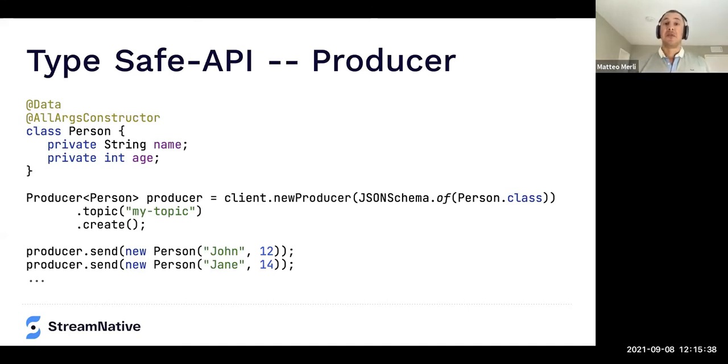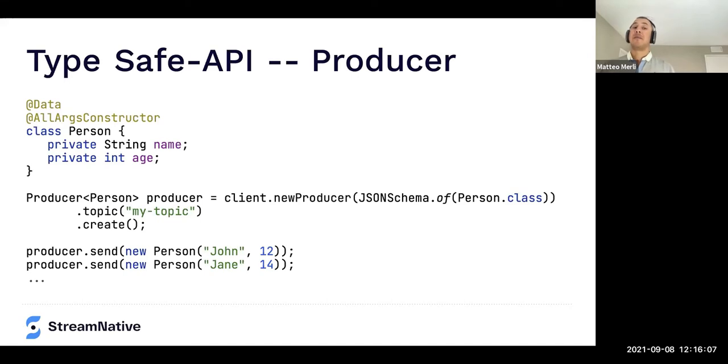The simplest way to do this is that you have your POJO object, this class Person. I'm using Lombok here, but it's just a plain POJO. I'm creating a producer and specifying that for this producer I want to use a JSON schema of this Person class. That will trigger the extraction of the fields of this class, and it will compile a schema definition based on this particular version of the class.